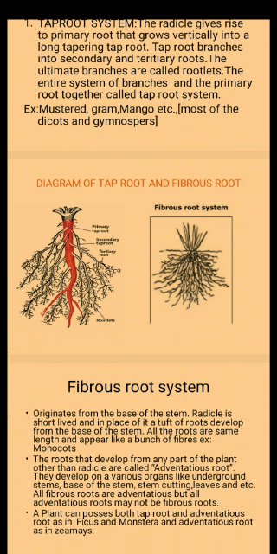All the roots are of the same length and appear like a bunch of fibers. Such a root system is commonly seen in monocots or monocotyledonous plants. This is called fibrous roots. They also give mechanical support to the plant along with the absorption of water and mineral salts. You compare the taproot to the fibrous root.